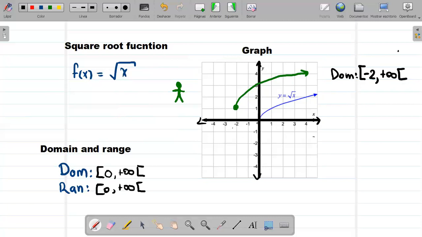And probably your question is why I'm writing this in this direction and not like that. Okay, because this is in the opposite direction, meaning that it's open. And that thing that's open means that there's another value next to it, or that it's not concluding there. Of course, infinity is not a number.